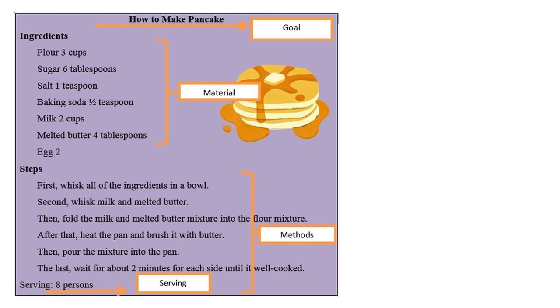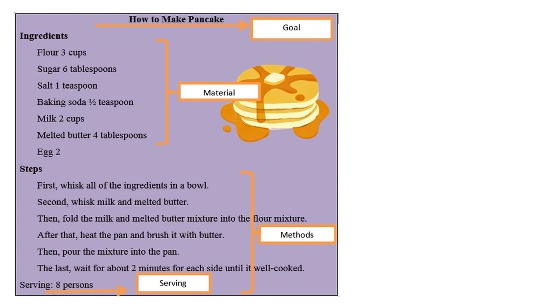So ingredientnya adalah flournya 3 cups, sugarnya 6 tablespoons, salt 1 teaspoon, baking soda a half teaspoon, milk 2 cups, melted butter 4 tablespoons, egg 2. Stepnya first, second, then after, then the last. Kemudian ada serving 8%, right?